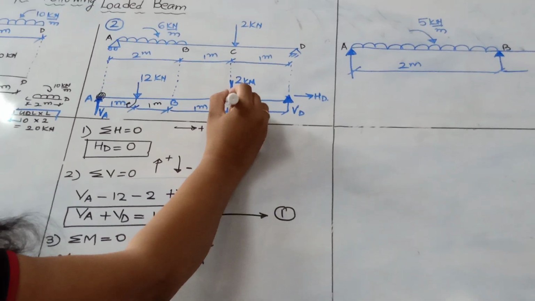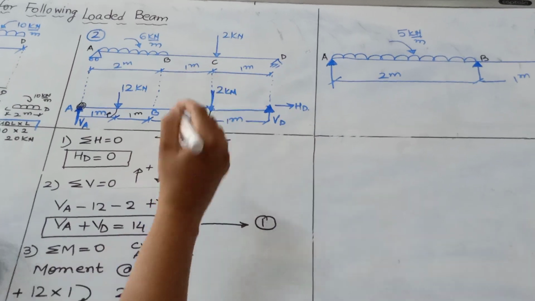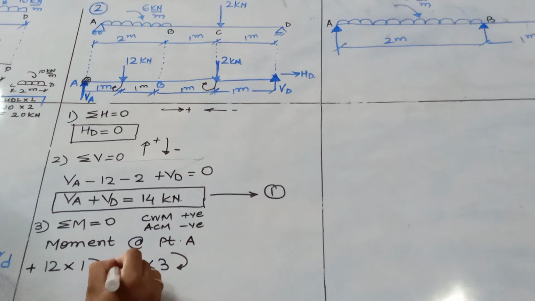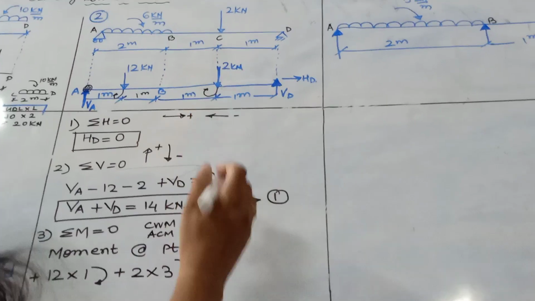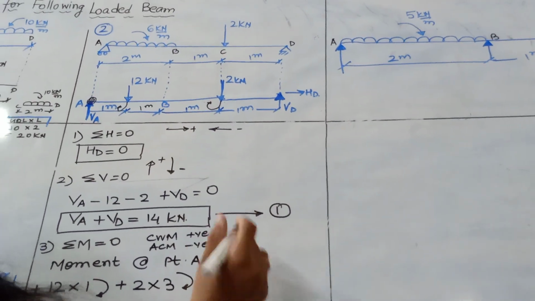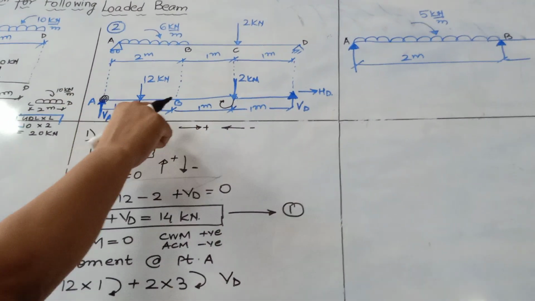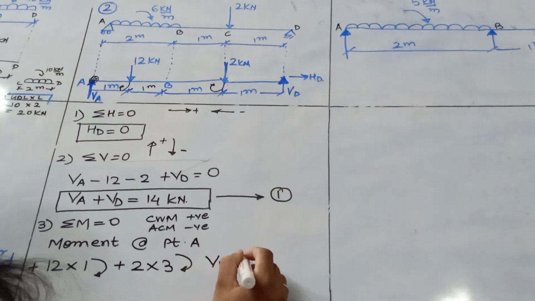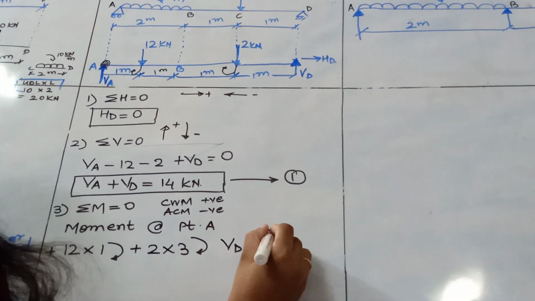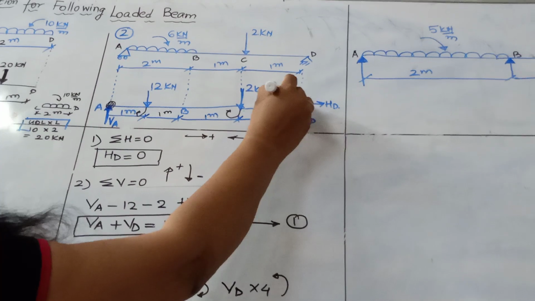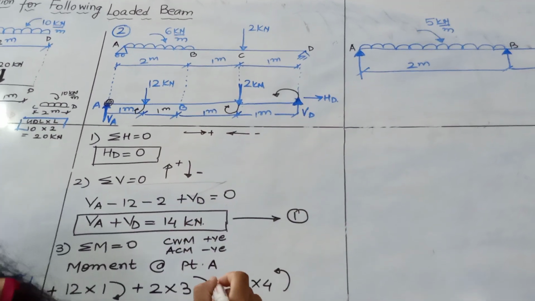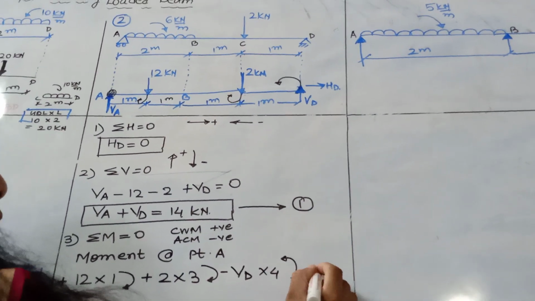Again it is trying to rotate in clockwise direction. So clockwise is positive. And last is VD. What is the distance of VD with respect to point A? 1, 2, 3 and 4. So VD into 4. As it is moving in the anti-clockwise direction, it will be minus. That is equal to 0.